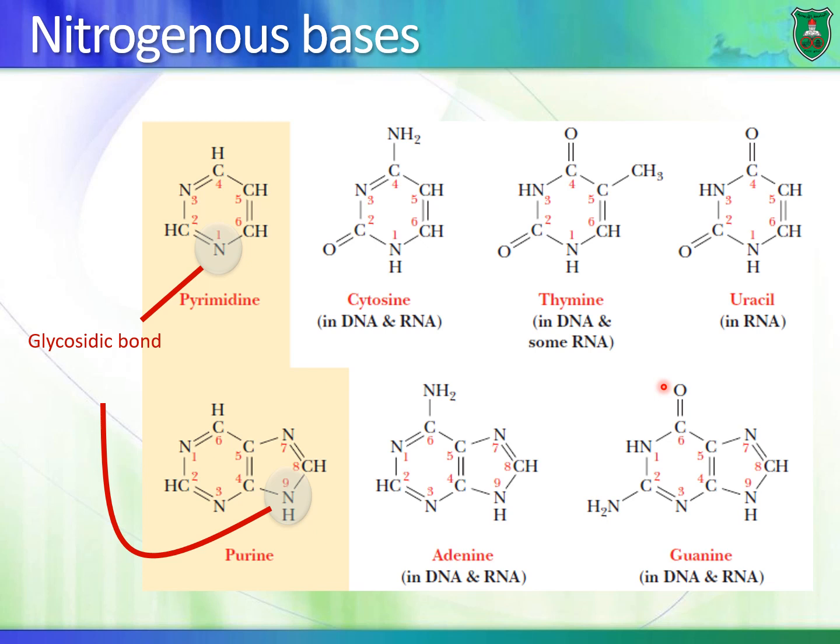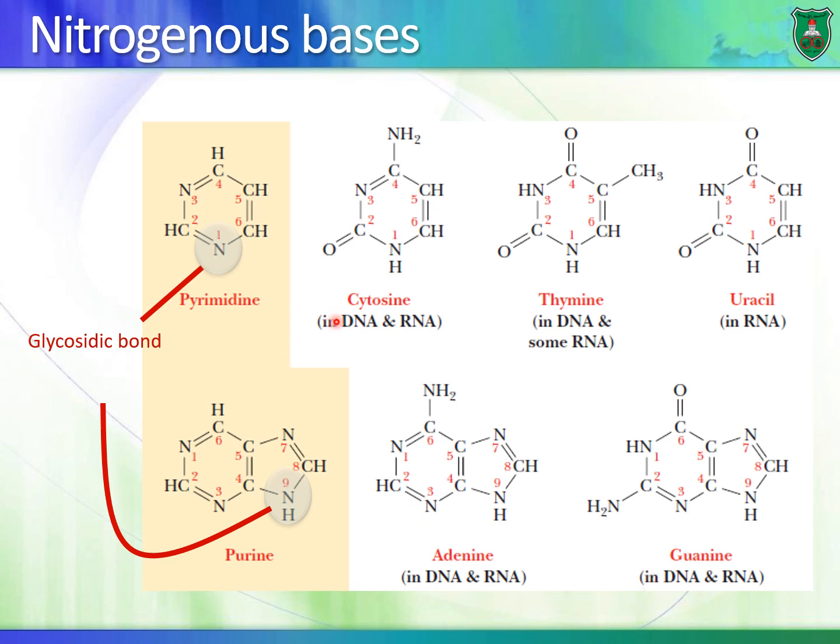The other difference is that guanine contains an amino group also attached to carbon number 2, but that does not exist in adenine. So you don't have to know the exact structure of guanines and adenines. Just know that adenines and guanines are purines. Purines are double ring molecules. Both adenines and guanines exist in DNA and RNA.